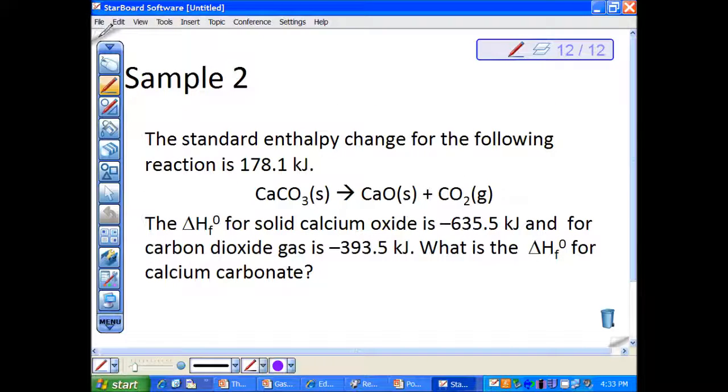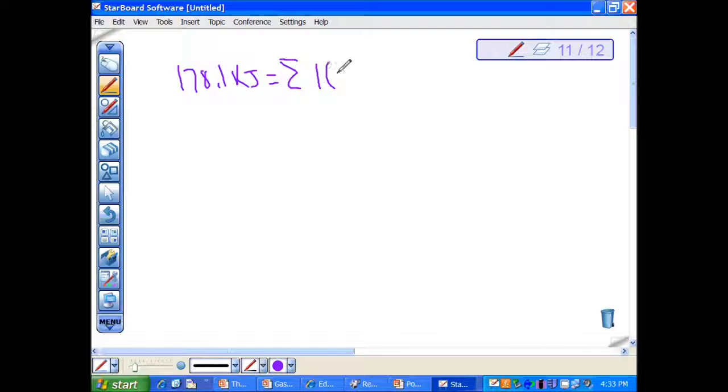If I look up calcium oxide in the book, or actually it's in the problem, it gives us that it is a negative 635.5 kilojoules, plus we've got carbon dioxide, which is a negative 393.5 kilojoules. Well, so this is our products.